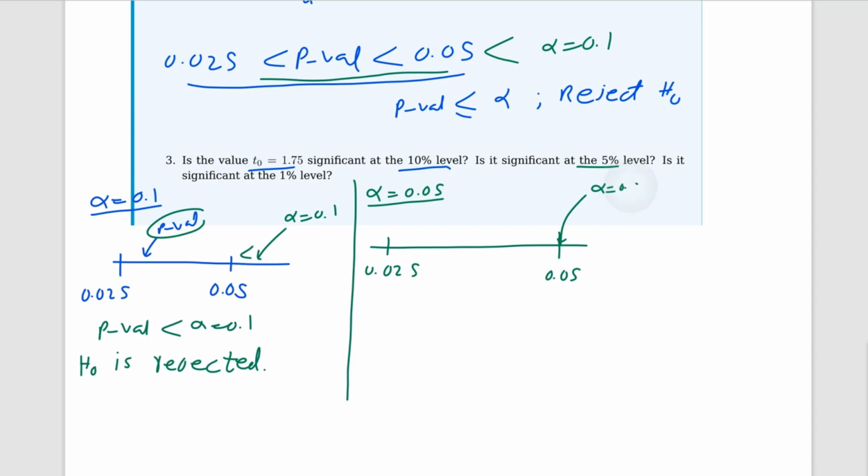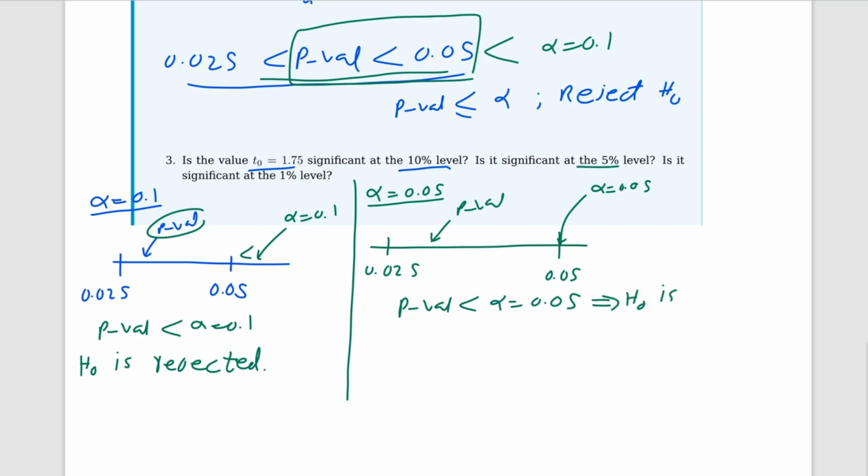But still 0.05 is greater than the p-value, because the p-value is in between here. It is not 0.05, it is not 0.025, it is in between them. Therefore, we can say the p-value is less than alpha 0.05. Now we can decide H0 is rejected.